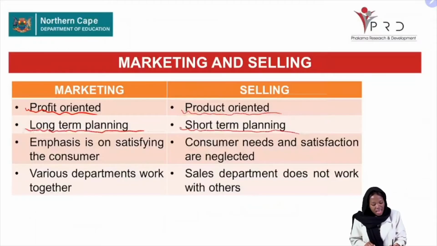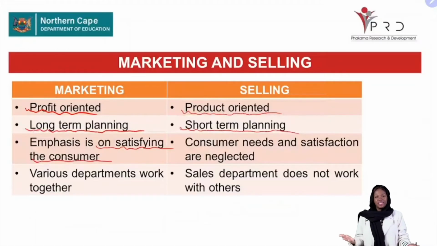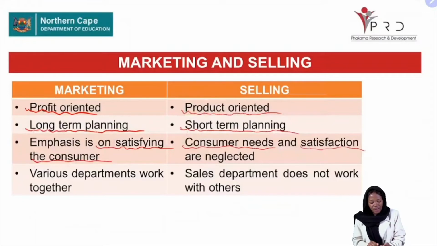And again, its emphasis is on satisfying the consumer's needs. Now, how do we satisfy the consumer's need when it comes to marketing? We go around asking consumers, we collect information from consumers. Now, when it comes to selling, consumers' needs and satisfaction are neglected.